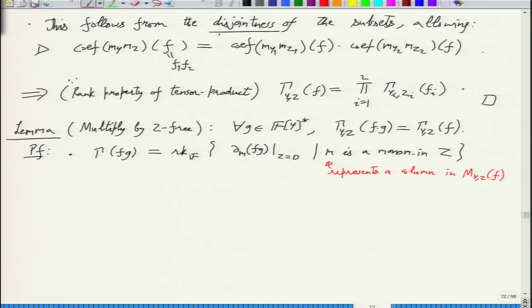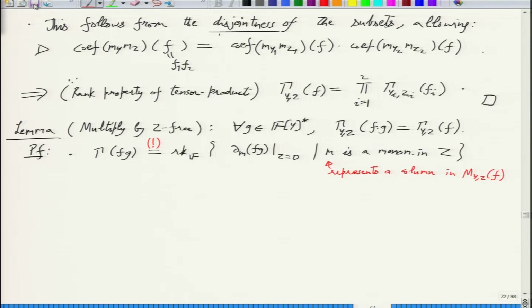So the rank of the columns is exactly equal to the rank of the resulting derivatives, and at the point 0, z equal to 0. Y is not set to 0. So we are actually looking at polynomials in y. Z has been set to 0. So is this clear? So this also, just think about this. It follows from the definition of the matrix.